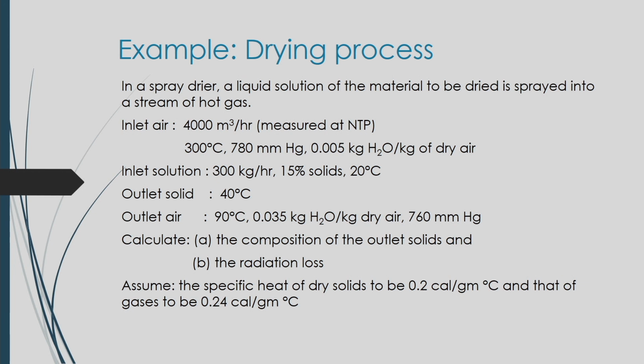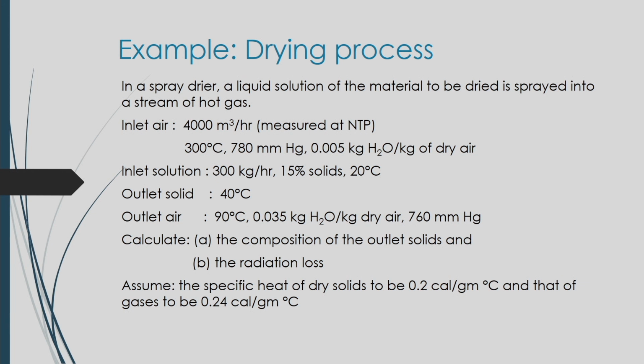Now, inlet air is given at 4000 meter cube per hour, measured at normal temperature and pressure, and temperature is 300 degrees Celsius, and 780 millimeter mercury of pressure, and per kg of dry air contains 0.005 kg of moisture. Whereas inlet solution, 300 kg per hour, is to be supplied, where 15% solids will be there at 20 degrees Celsius.